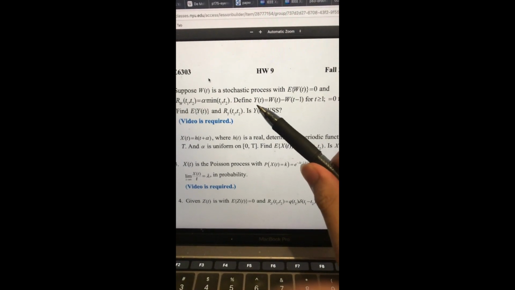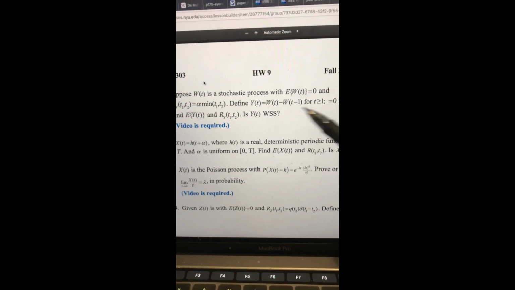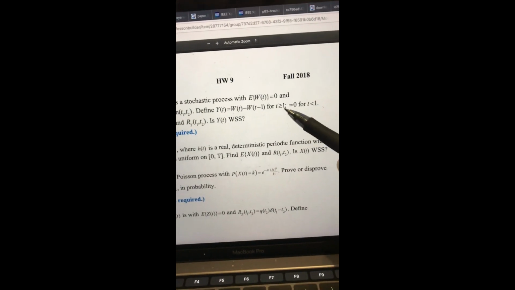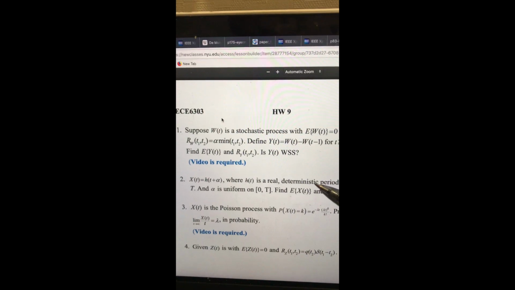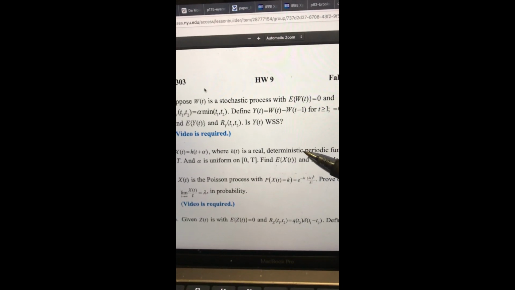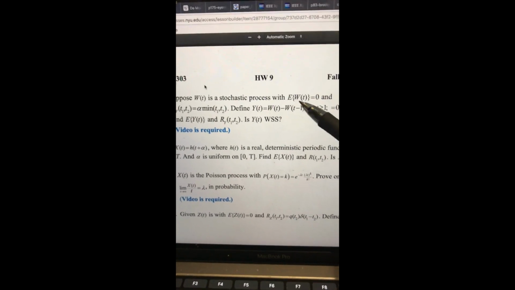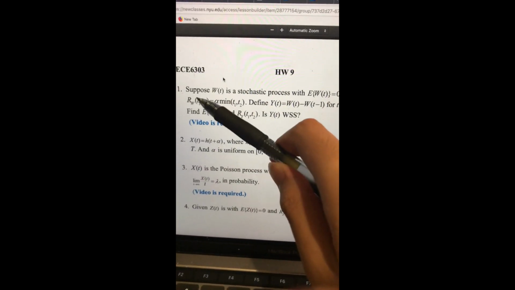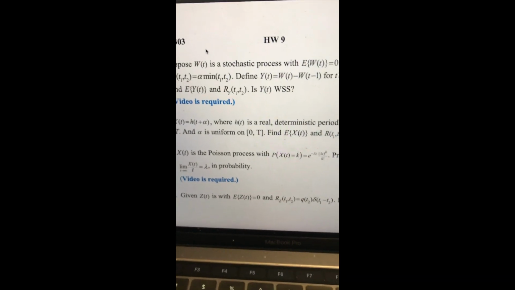So we get y equal to w minus this formula for t larger than or equal to 1, and zero otherwise. So we can get the expectation value of w is 0, and the autocorrelation of w is this one.